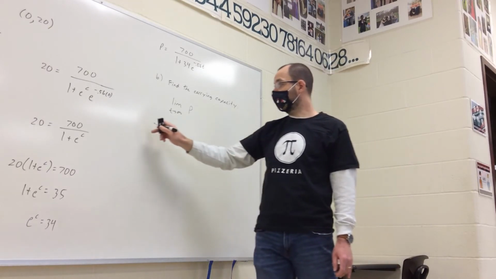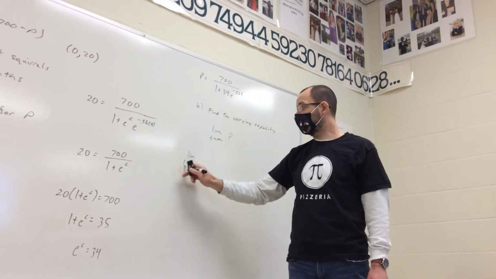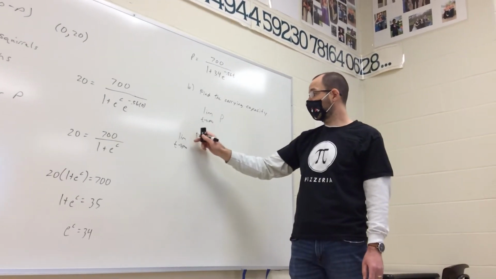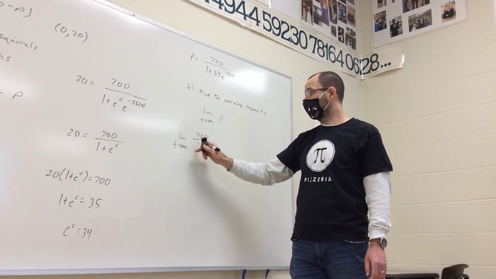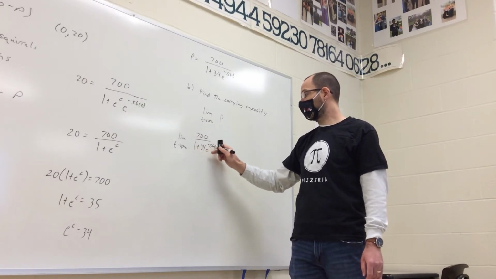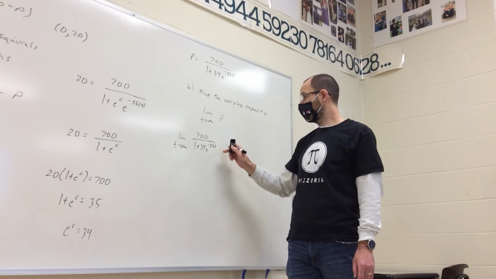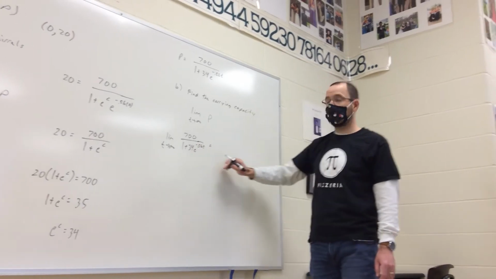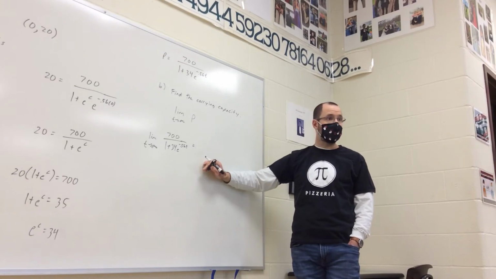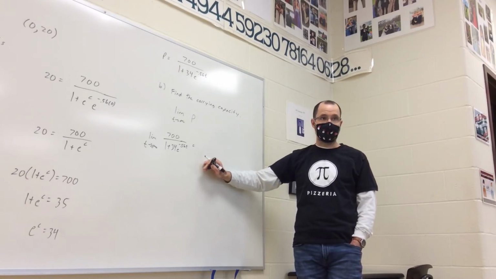So we've got to take the limit as t goes to infinity of this formula that we just got, the 700 over 1 plus 34 e to the negative 0.56t. So this is back to limit laws.